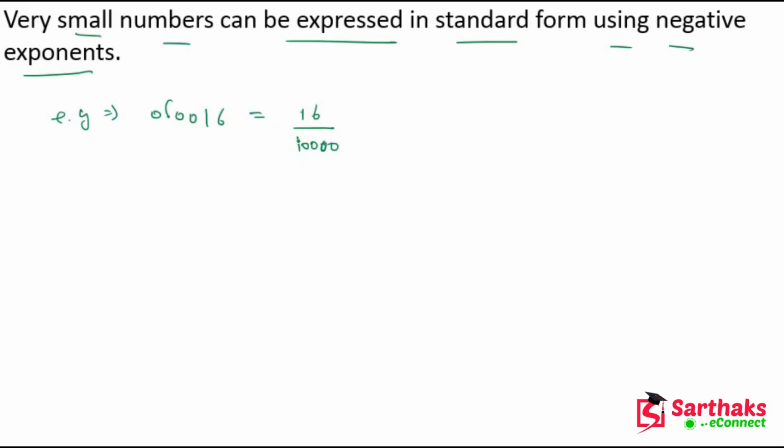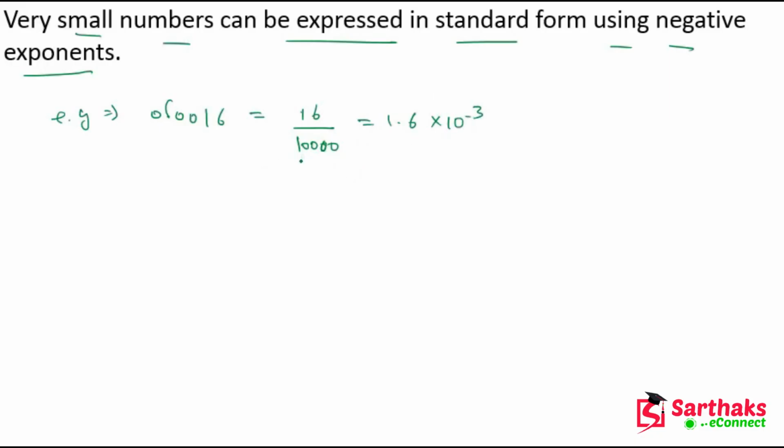Understand? Now if we convert this into standard form, it will become 1.6, and we have 3 zeros left. If we shift these 3 zeros to the numerator, this becomes 10 raised to power minus 3.